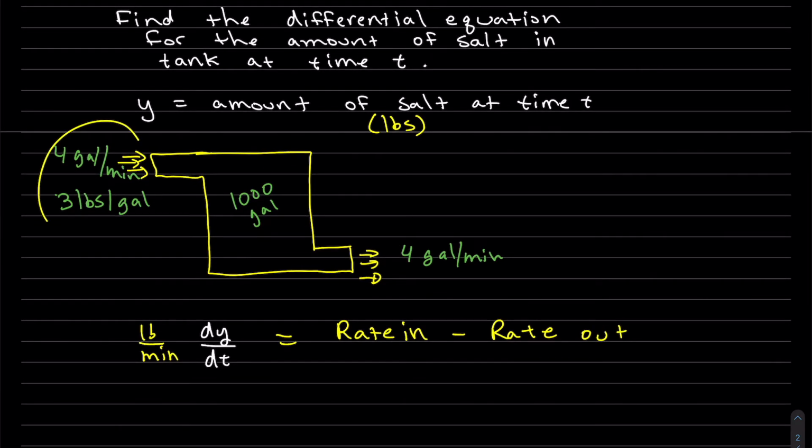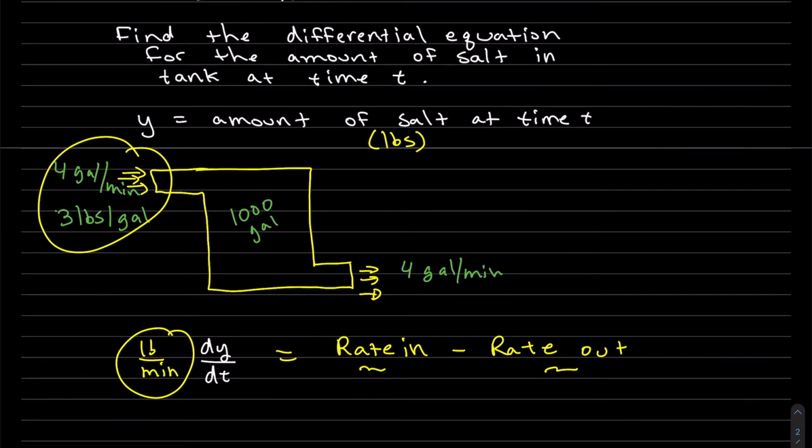We have 4 gallons per minute and 3 pounds per gallon, and what we want is pounds per minute. We need pounds per minute minus pounds per minute. For the rate in, we have 2 rates over here, and we want to make sure it's in pounds per minute.